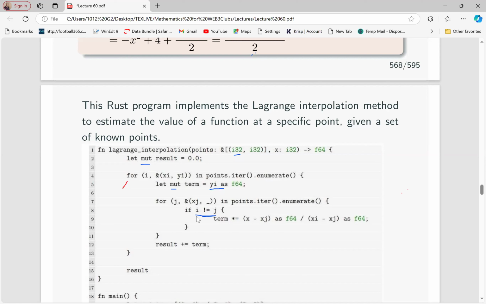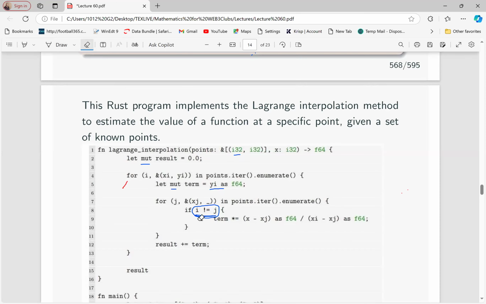It says, if i is not equal to j, this is how you read this. If i is not equal to j, so you see that is a loop. You go inside that loop and then do what is inside the loop.